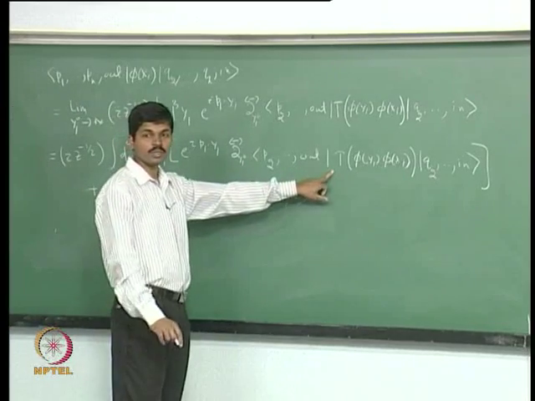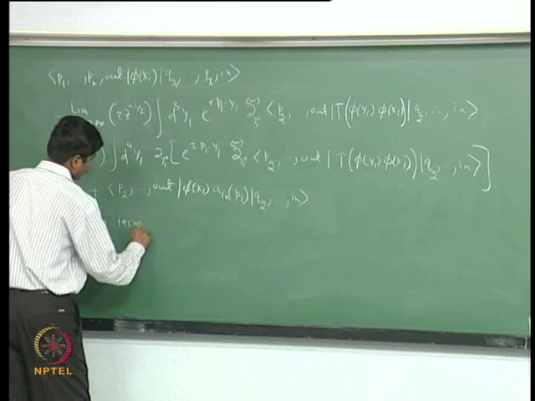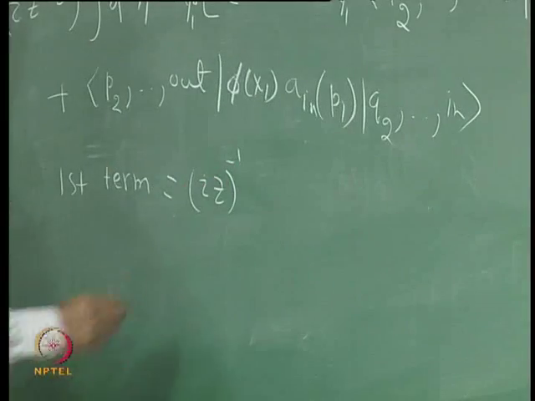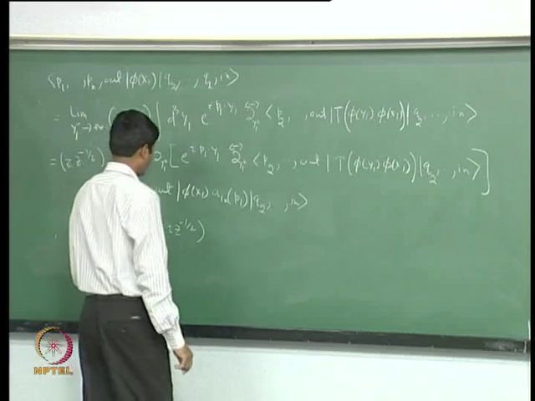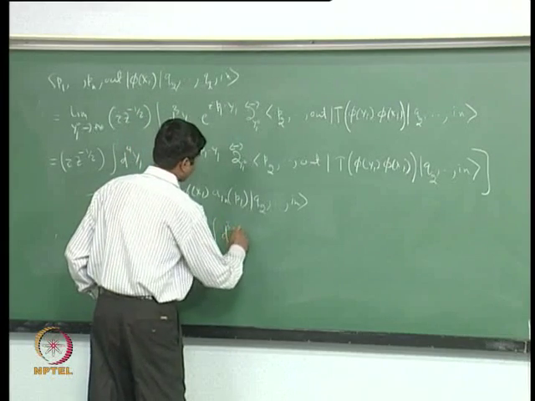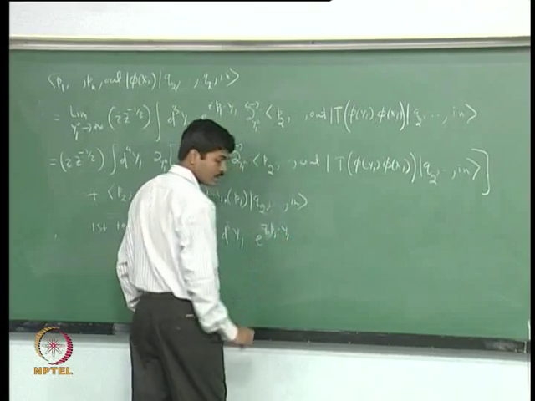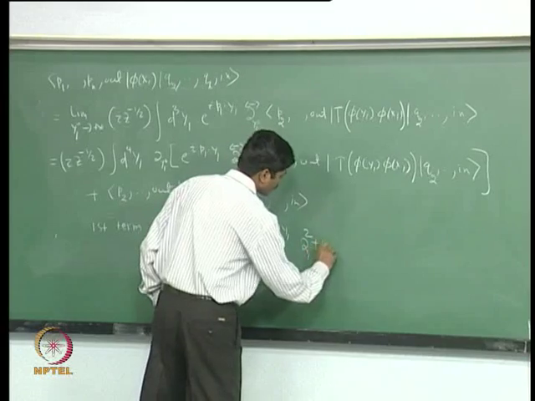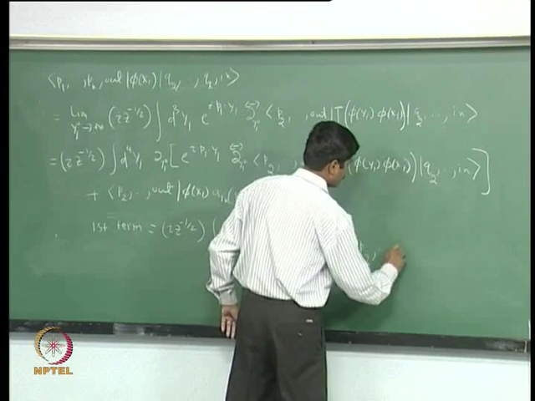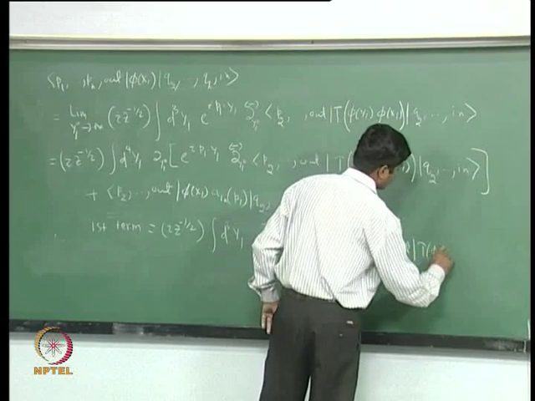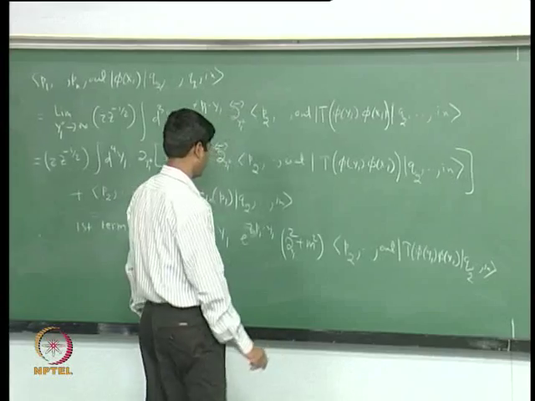Again, I can consider this term here, and the first term here can be written as i z^(-1/2) ∫ d^3 y1 e^(i p1·y1) (∂_{y1}^2 + m^2) acting on this term, ⟨p2 out| time ordered product of φ(y1) φ(x1) |q2 up to qn⟩, right.